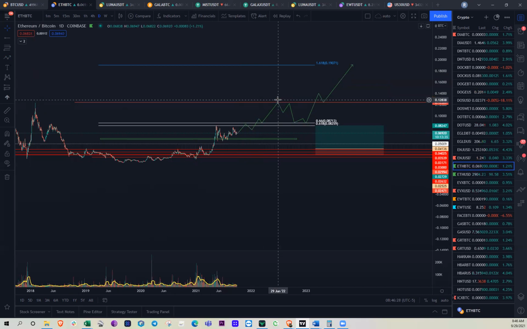It usually rejects off the next target the first time. Usually on the second try, it shoots up from it. If it doesn't, it tends to go all the way back down to that original support that we had here to try it again. And usually that breaks through, finds support, and then you go to your target. That's typical movement of this market, in all honesty.